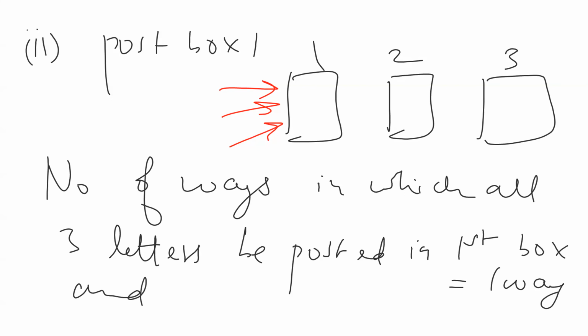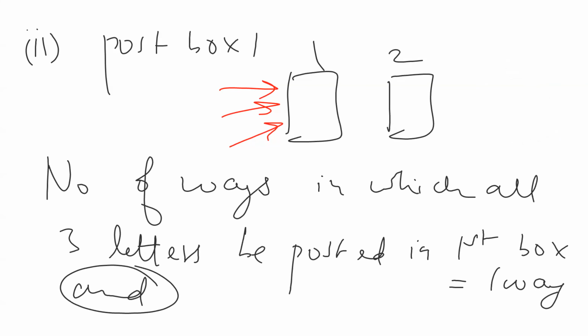And there are 4 post boxes. Okay, I've drawn only 3. Sorry. What are the number of ways in which all 3 letters can be posted in the second post box? That's also one way.